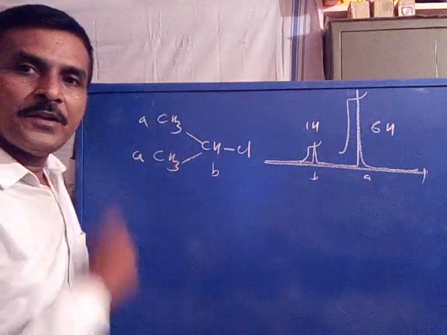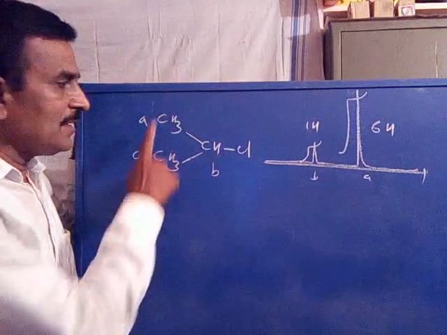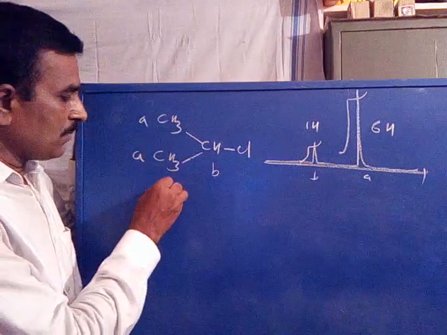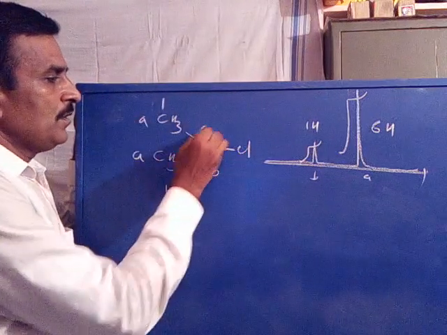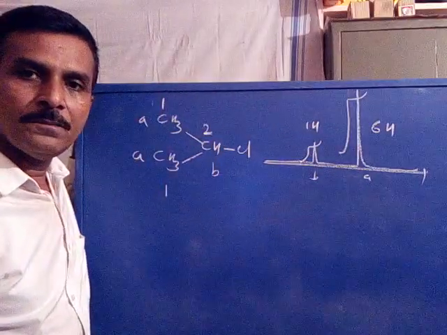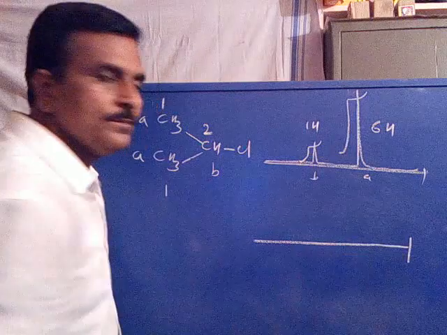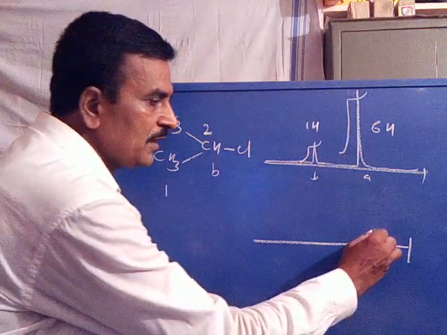For the same molecule, if we consider the carbon signals, these 2 carbons are equivalent. This is carbon 1, this is carbon 2, the second carbon. Its C13 NMR spectrum has 2 signals.